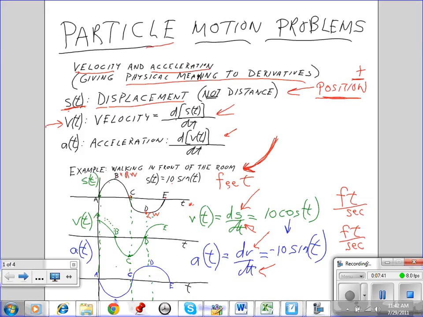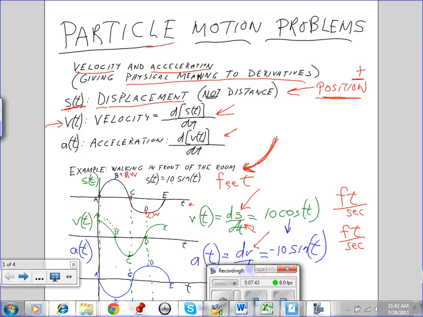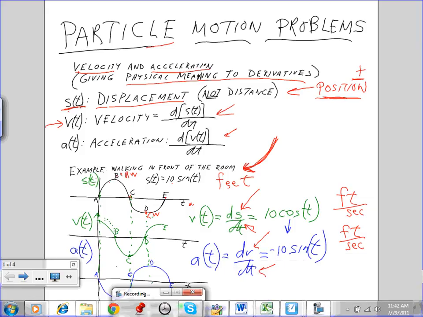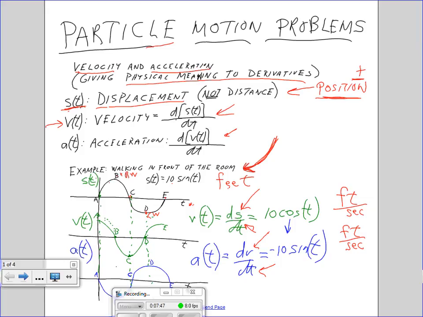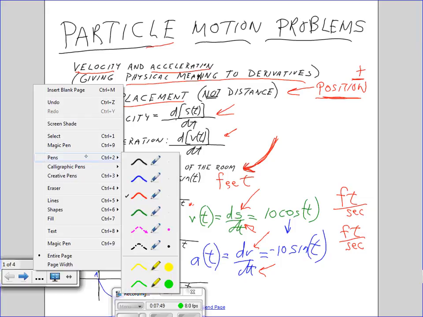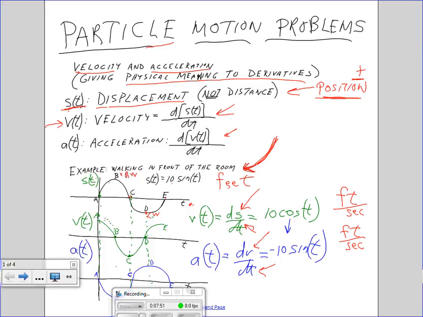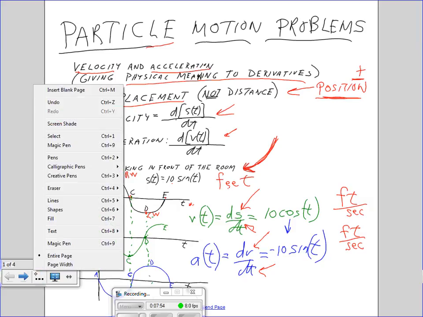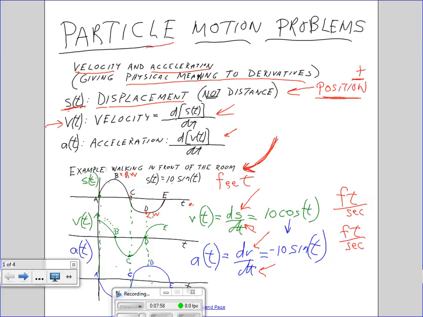Feet per second per second. And you'll see the units of acceleration are indeed feet per second squared.